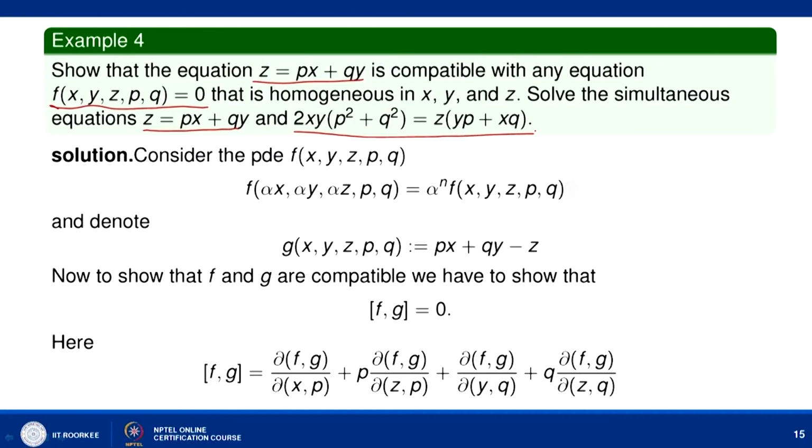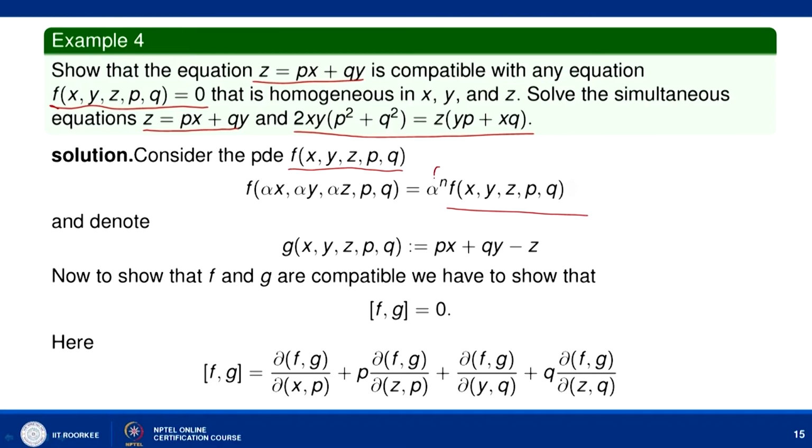Here I just want to note what a homogeneous equation in x, y, z is. We say that f of x, y, z, p, q is homogeneous in x, y and z if, when we replace x, y, z by alpha x, alpha y, alpha z, we get alpha to the power n times f of x, y, z, p, q.